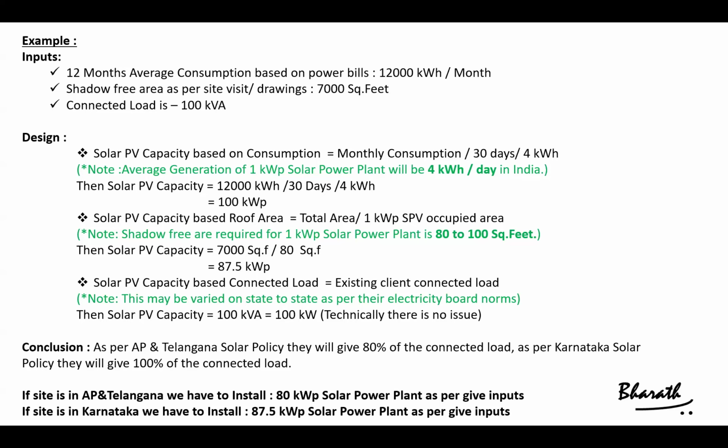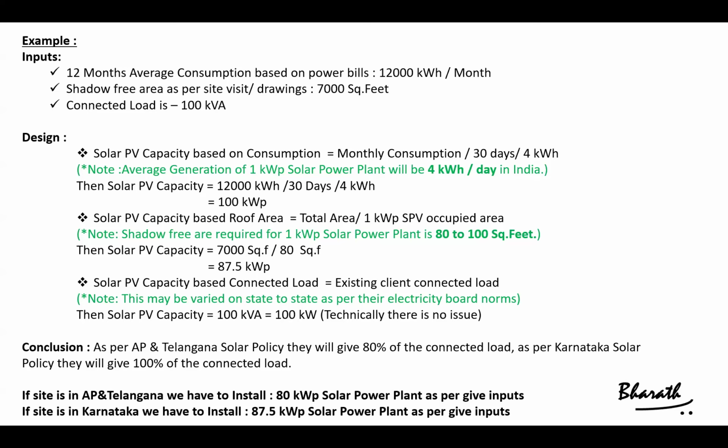So based on their consumption, they want to minimize the power bill almost to zero. If you set up the 100 kilowatt system, then it is possible. Next, to set up a 100 kilowatt system, they need roof area.